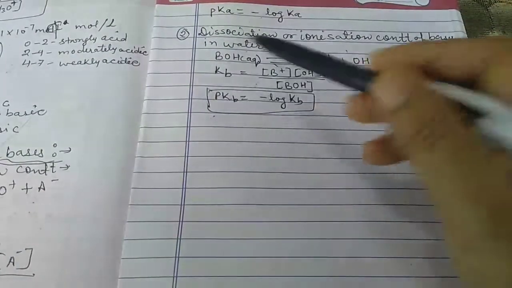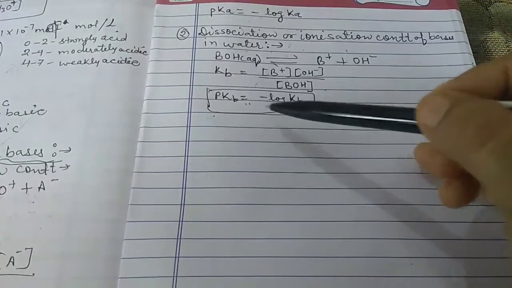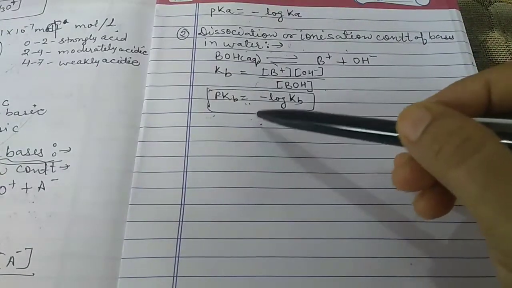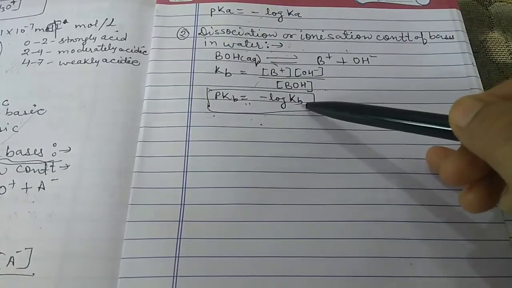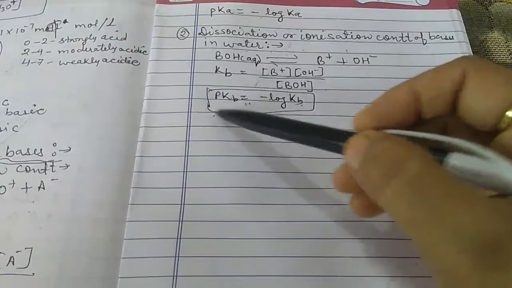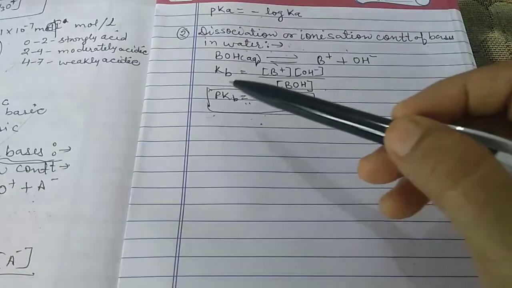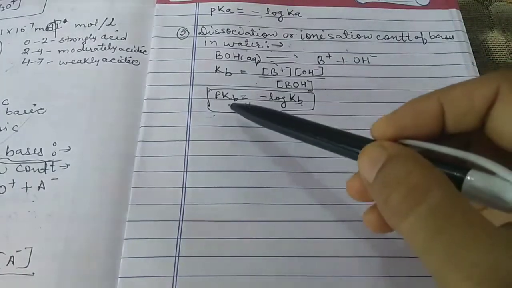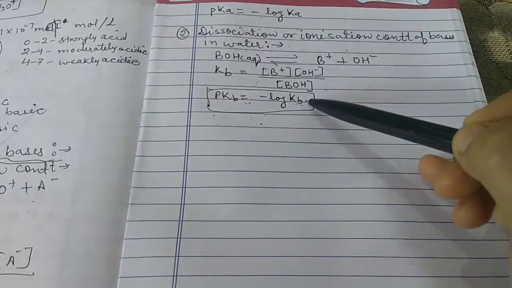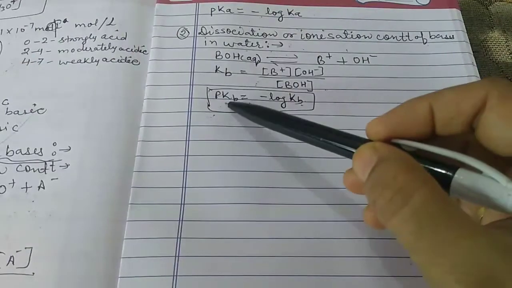So we can say that a strong base will have a higher Kb but a smaller pKb value, whereas a weaker base will have a smaller Kb value and a higher pKb value.